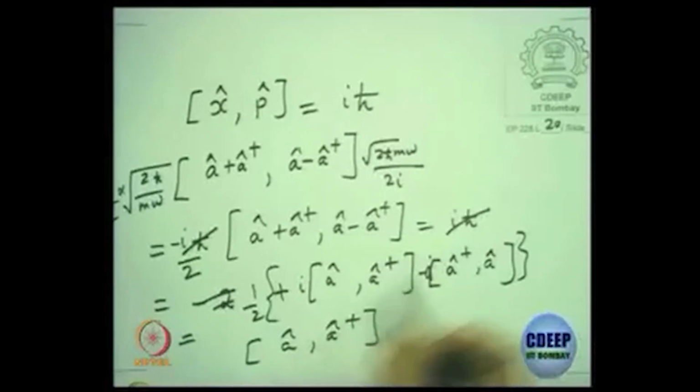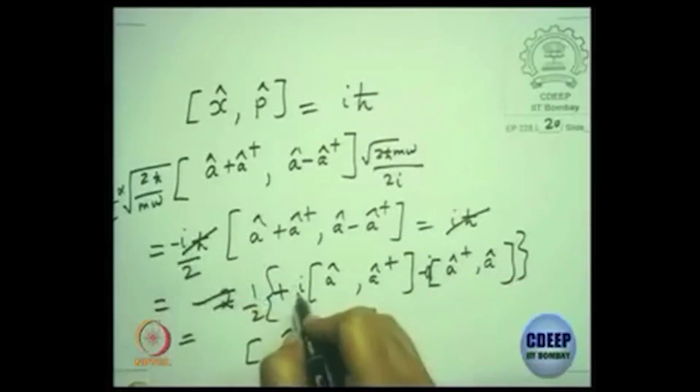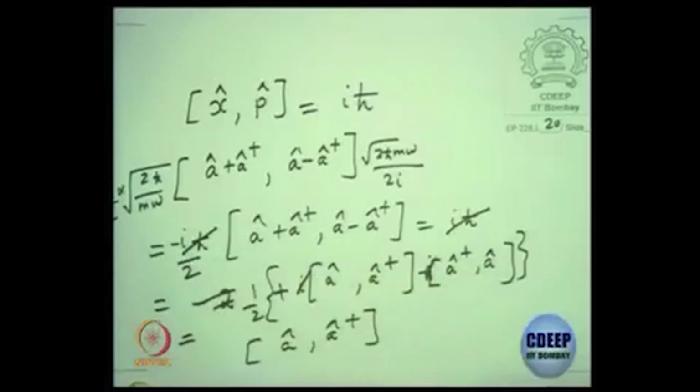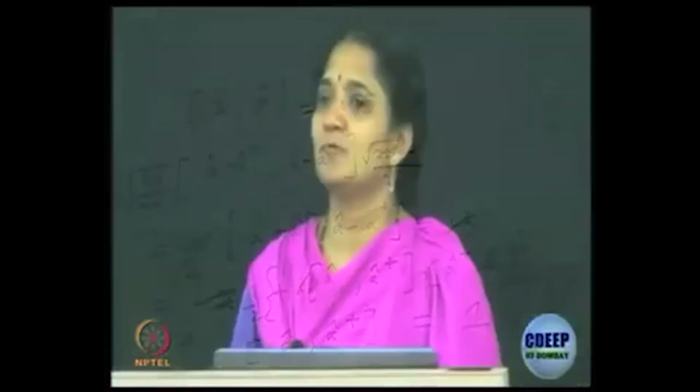Why did I keep the i? It got cancelled, I thought. And this is 1. Okay. If you remember, A and A dagger were dimensionless, so I would expect the right hand side to be some number, and we do get it to be 1.